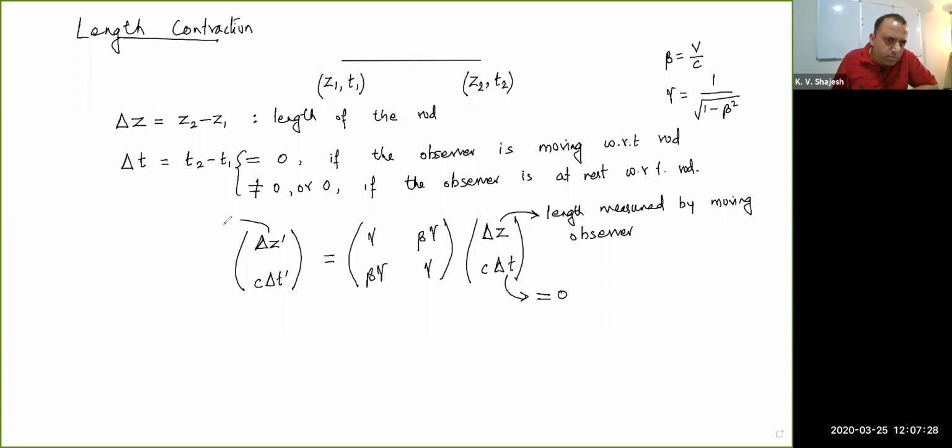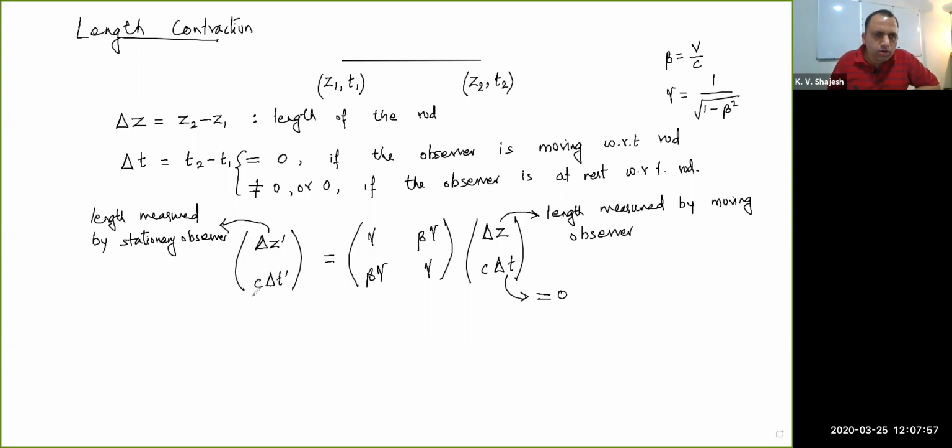Delta z prime here is the length measured in the rest frame by a stationary observer. By stationary observer, we mean the observer is stationary with respect to the rod.